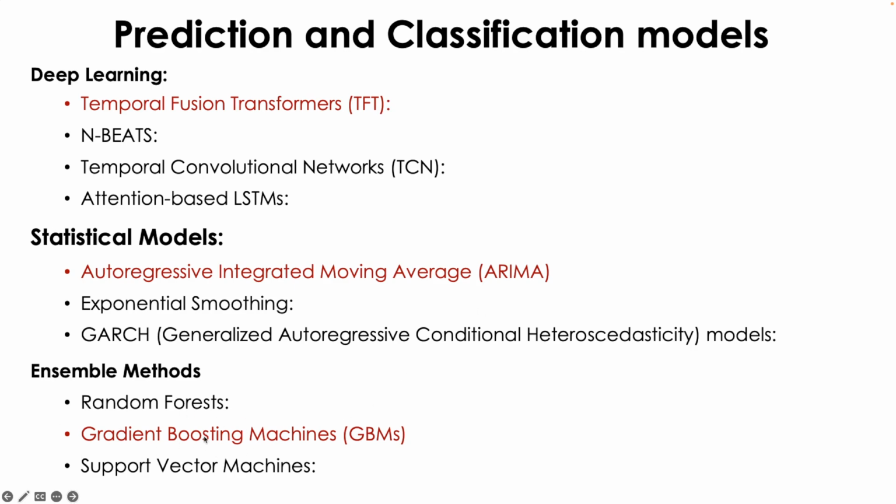I'm going to focus more in this series on gradient boosting machines, like XGBoost. I'm going to use XGBoost for modeling, right? It does a pretty good job, but you have to carefully design the features that it's going to use. So we are going to focus on this, and if we have time in the future, maybe we can cover temporal fusion transformers and ARIMA.